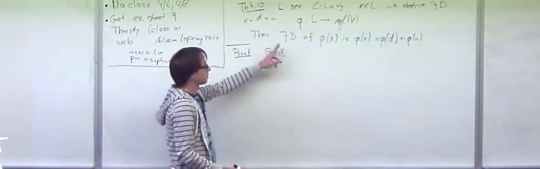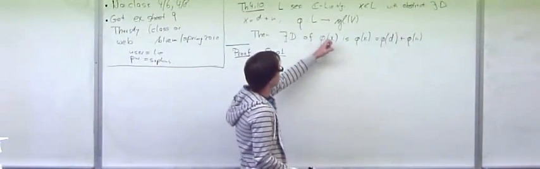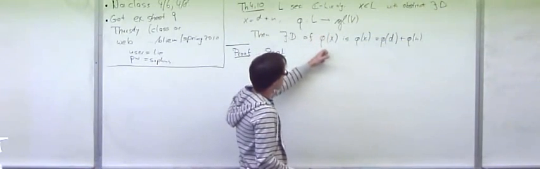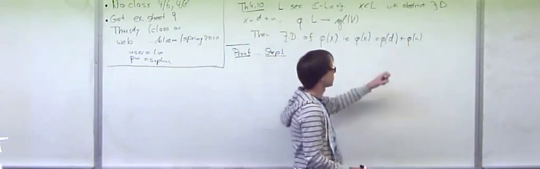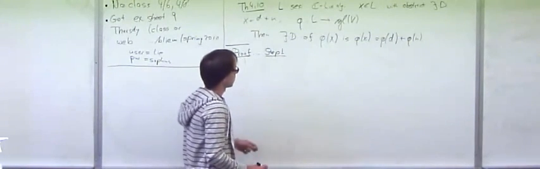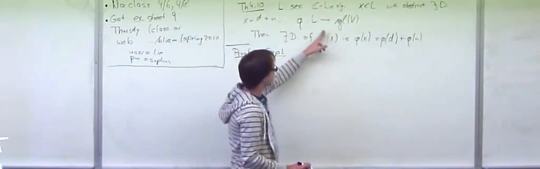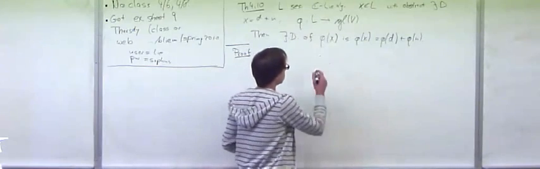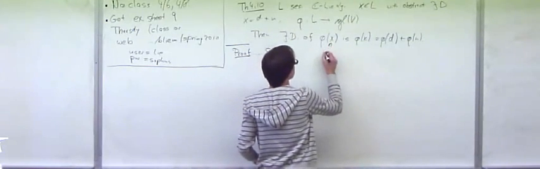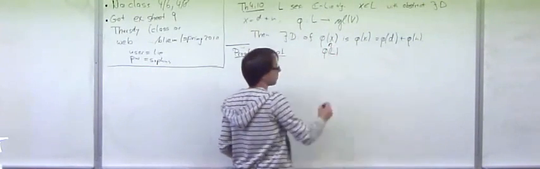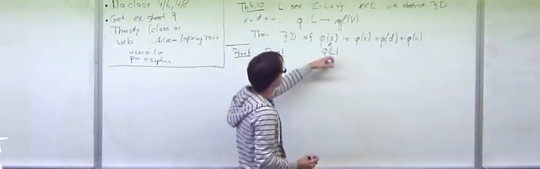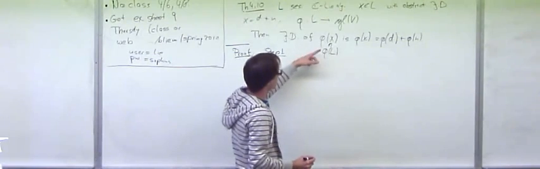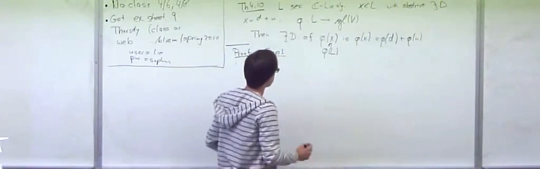I want to show the Jordan decomposition of this operator is given as follows, but I can consider this operator as an element of the Lie algebra phi of L. And then we showed that the image of the phi map is still a semi-simple Lie algebra, so this operator also has an abstract Jordan decomposition.